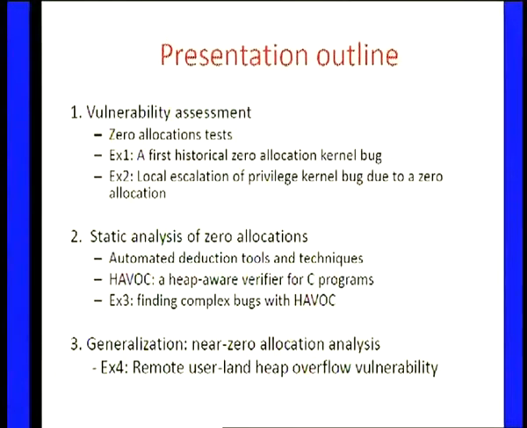Okay, so a little outline of the presentation. First of all, I'm going to run a couple of tests so that you can see the actual result of zero-size heap allocations on a couple of kernel functions of the Windows kernel. And then I'm going to introduce 3 different techniques for detection. All I'm going to talk about is static analysis.